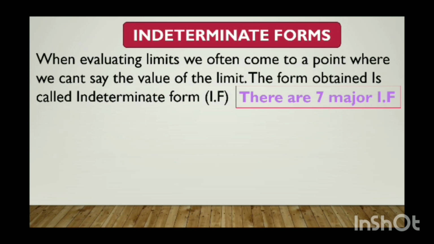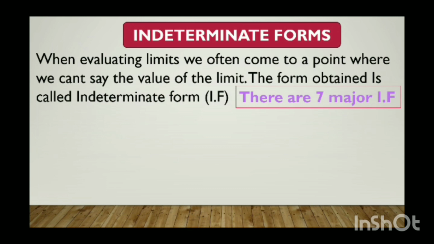The form obtained is called an indeterminate form. So the form you obtain when you cannot tell the value of the limit is called an indeterminate form.